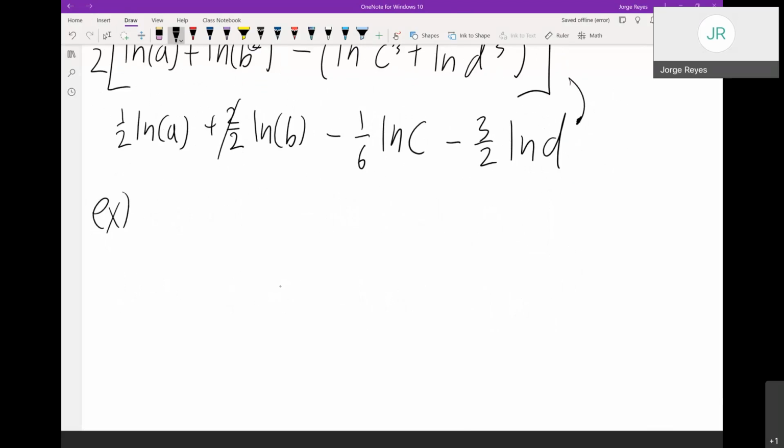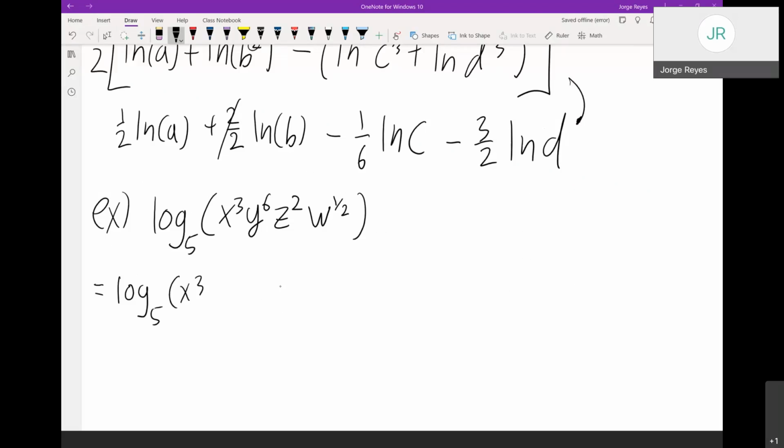Okay, just big though. So log base 5 of x cubed y 6th z 2 w 1/2. Okay, this one's pretty easy, right? There's no quotient, so I can just, hopefully instantly, hope you guys see, do the product rule with each little term.